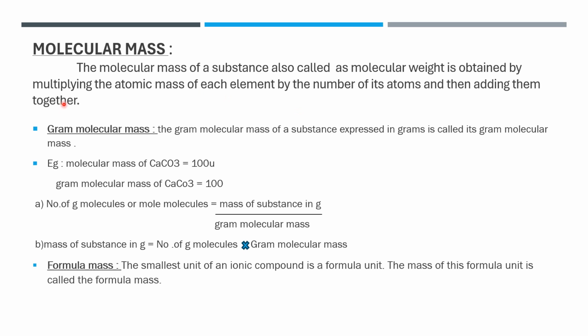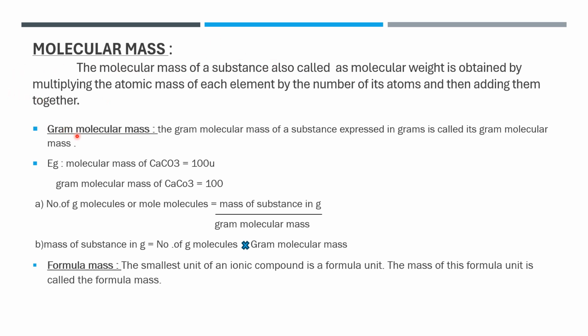So to get the molecular mass, we multiply the atomic mass of each element by the number of its atoms in the molecule, and then add them together, and we get the molecular mass.